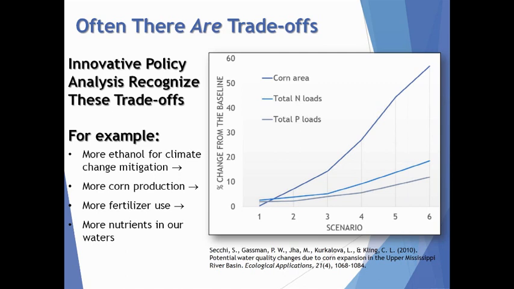This is from a paper we published in 2010 that shows essentially the higher the corn area, the higher the loads. This is a classic example of non-point source pollution being exacerbated by another policy for another environmental goal as an unintended consequence.